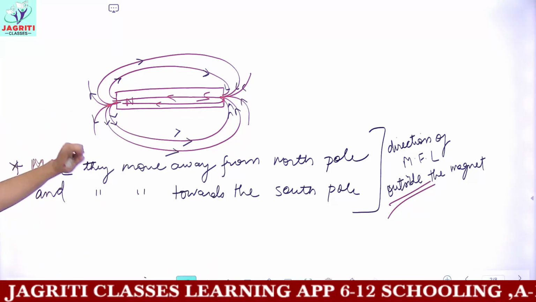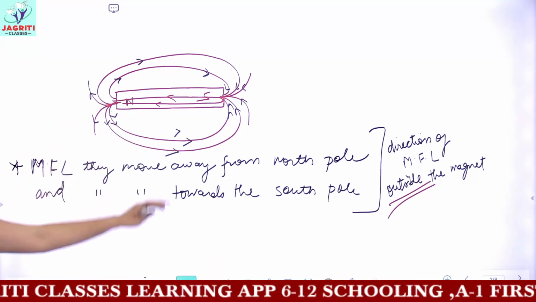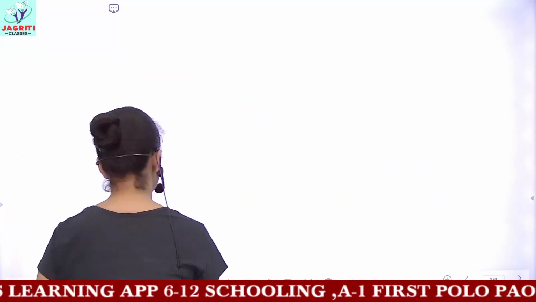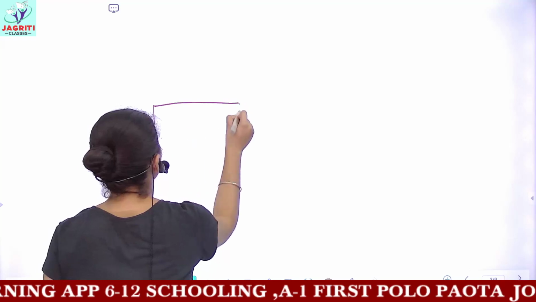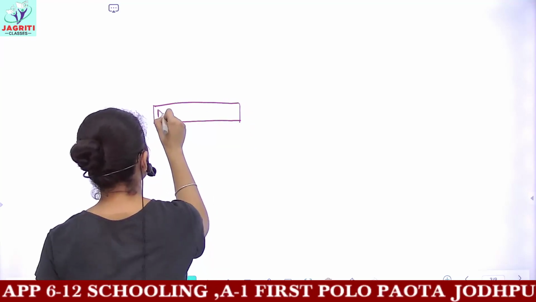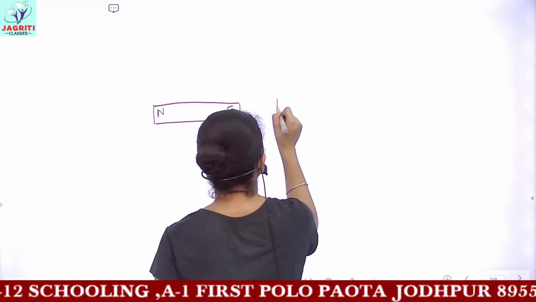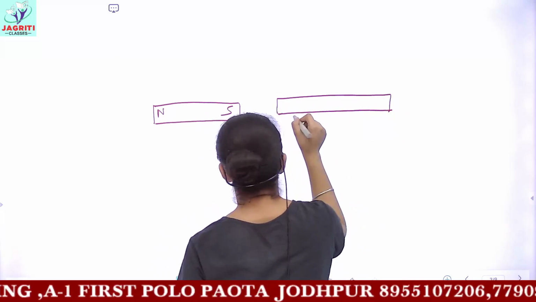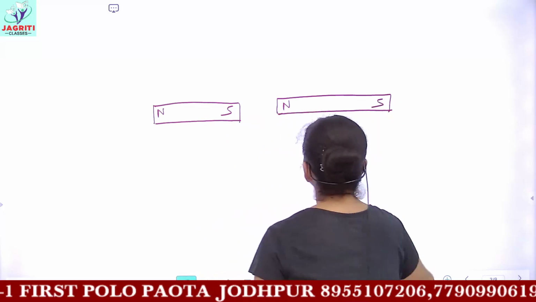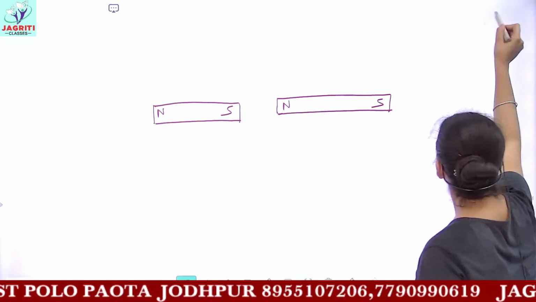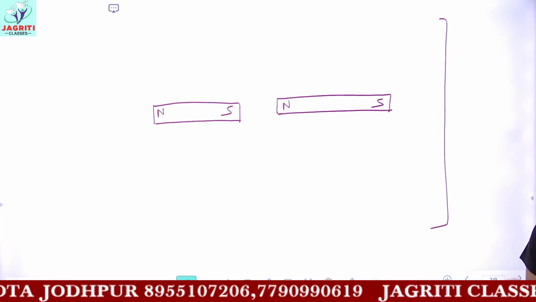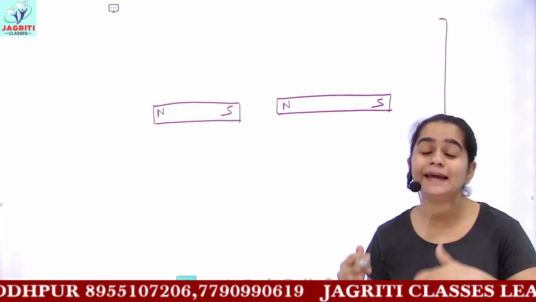This is the direction when we have just a single magnet. But what would be the direction if I place two magnets? This is my first bar magnet and this is the second bar magnet. We will be deriving two conclusions from this, which you already know, though till now you do not know their explanation.